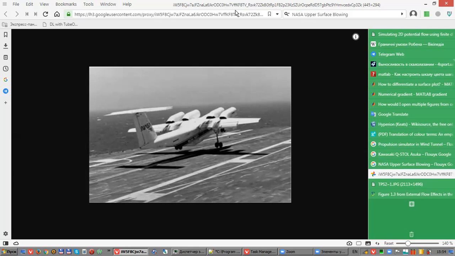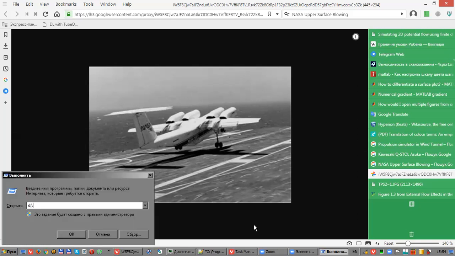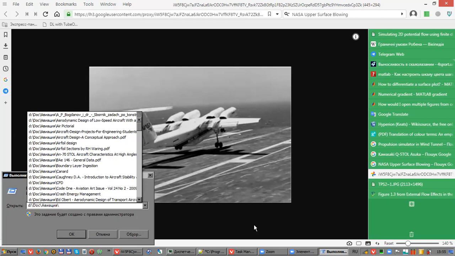I also have an article about wind tunnel investigation of a Japanese aircraft. Maybe I am able to find it, but I forget in what folder I put this PDF file.